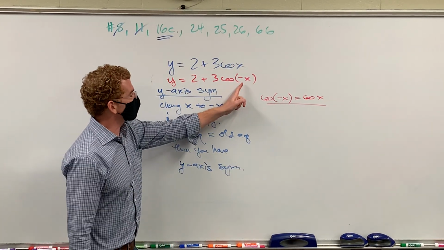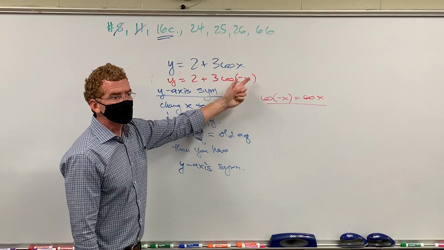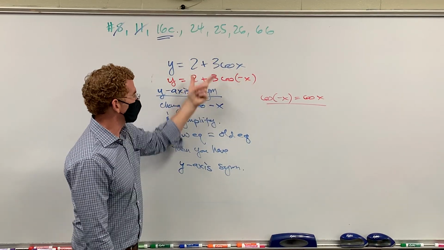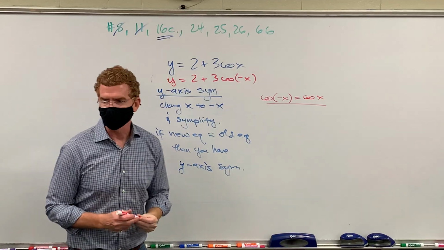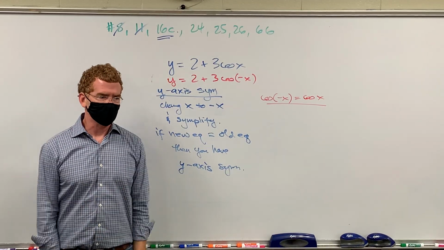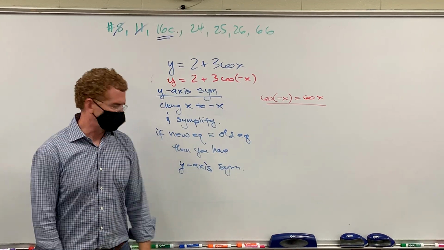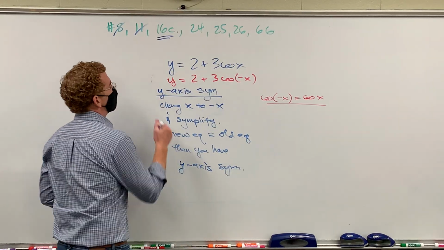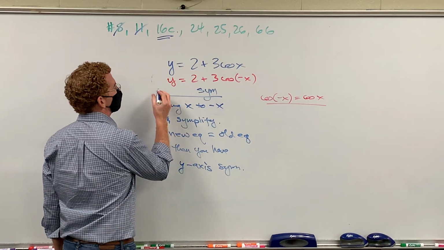So what could I do with that cosine of negative x? Change it to a cosine of x, and now they match. This has y-axis symmetry. Last check, origin symmetry.